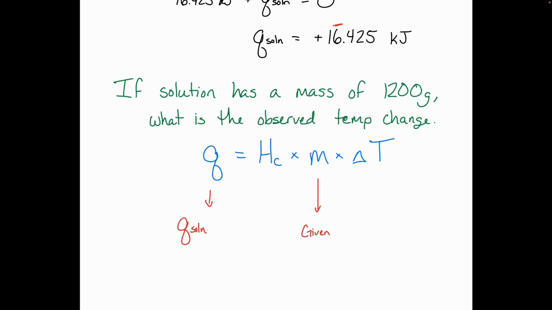Right? This will vary depending on whether you're carrying out this reaction in a little beaker or rather a little calorimeter or a big calorimeter. Exactly how much solution you have will impact the observed temperature change. And we're solving for what in this equation here? This is what we need to find.